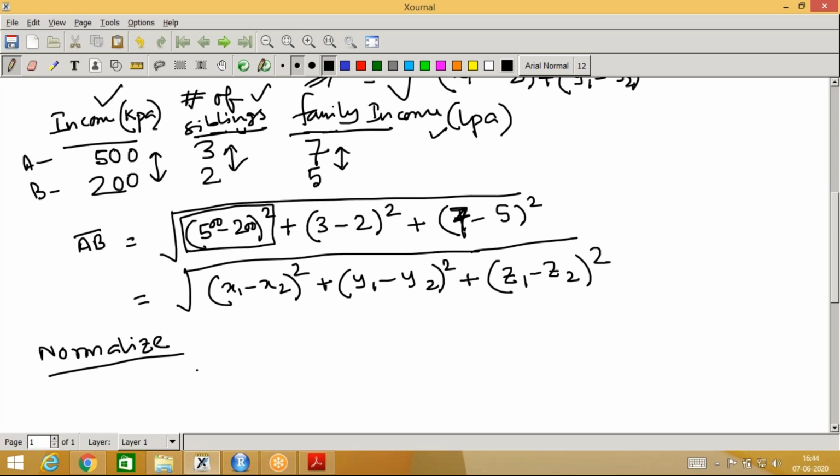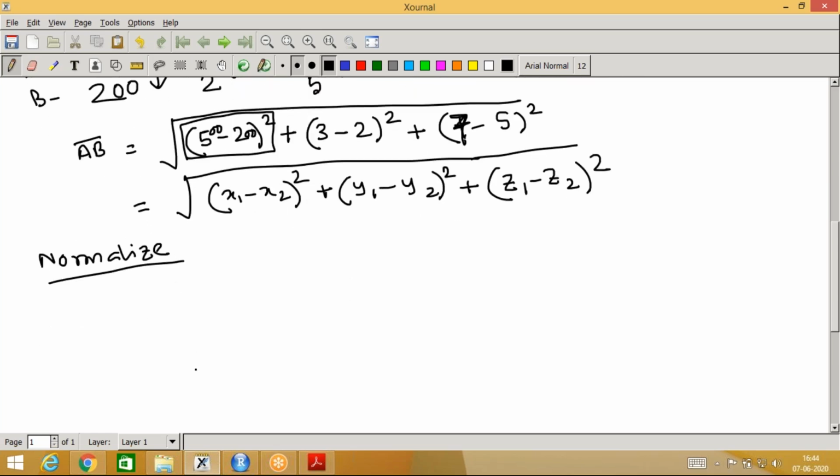Simply speaking, normalize means to get all units to an equal scale, with no dimension. There are two ways of normalizing.